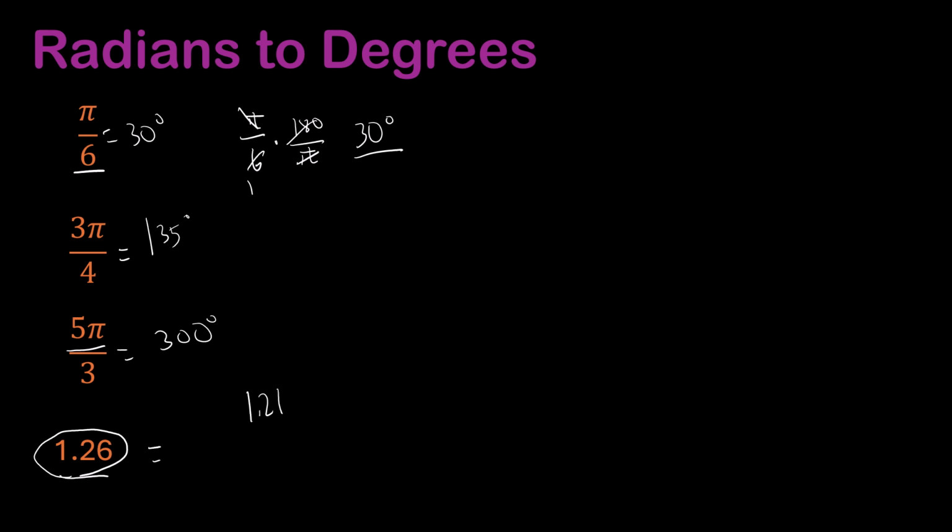So 1.26 times 180 over pi. This time the pi's won't cancel, obviously, because this one doesn't have a pi. So you just divide by pi in the calculator, and it'll give you some number value in degrees. But it won't be a whole number, because I just picked some random radian number. Yeah, so that's how that works.